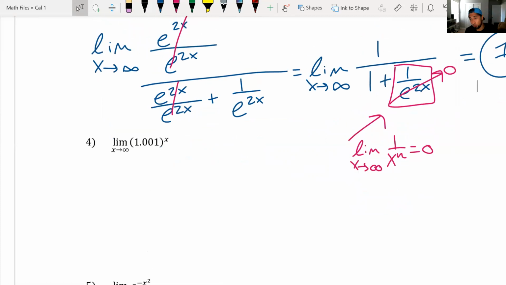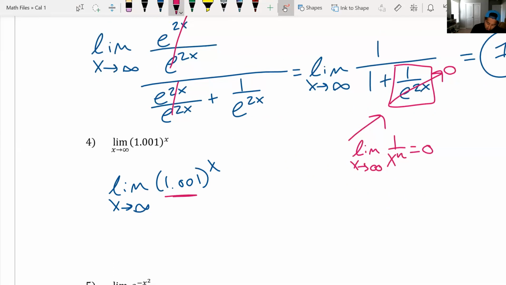Straightforward. We can reference the charts on the first page. So this is just the limit as x approaches infinity of 1.001 to the x, where we see that our base is bigger than 1.